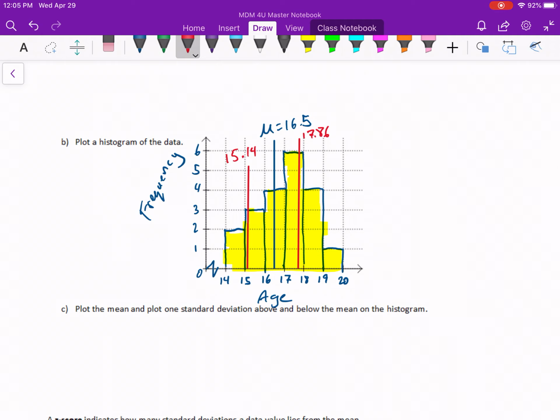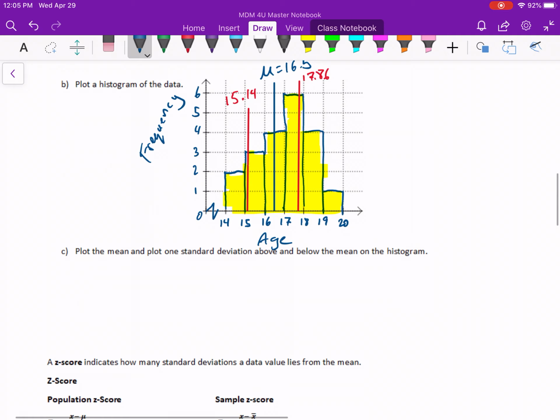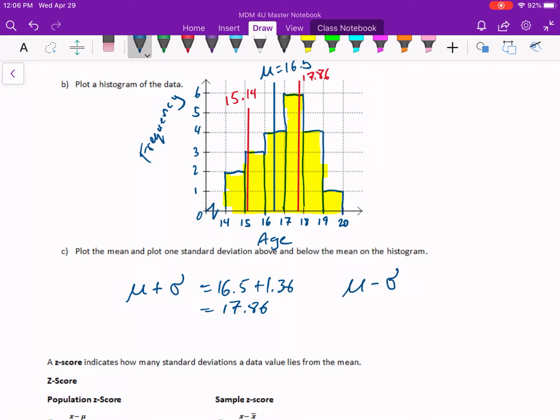Just so that we have it in our notes, I'll remind you of what we're doing. One standard deviation above is mu plus sigma, which equals 16.5 plus 1.36, which is where I got the 17.86 from. And one standard deviation below is mu minus sigma.